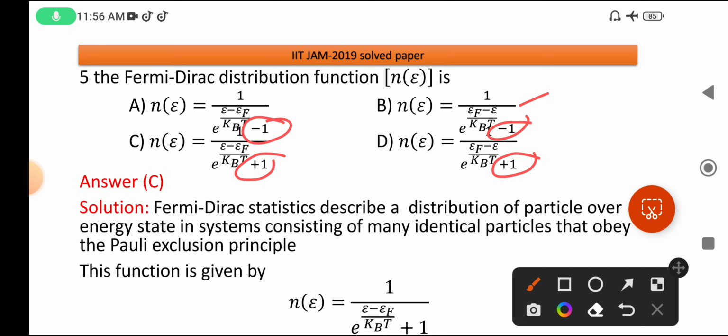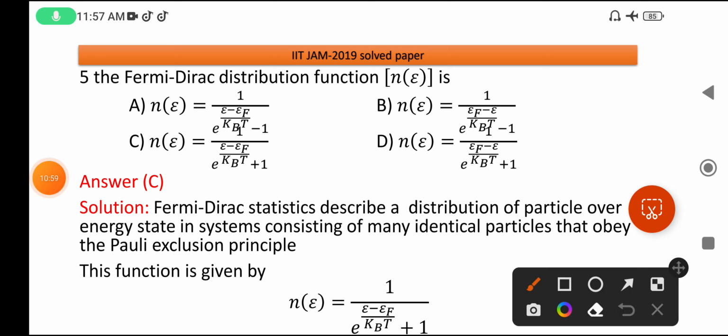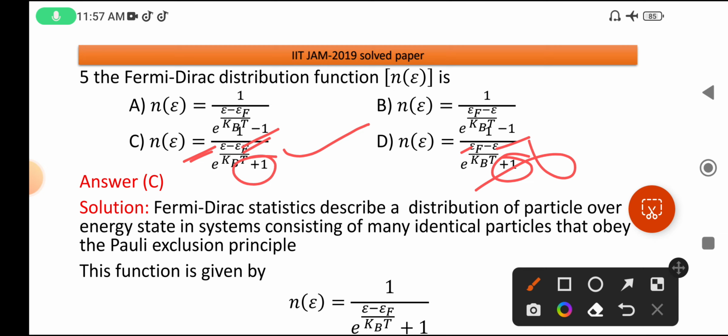For Fermi it is plus. Option C has a plus, but it has Fermi energy minus total energy, whereas it should be total energy minus Fermi energy. So it is not our answer.